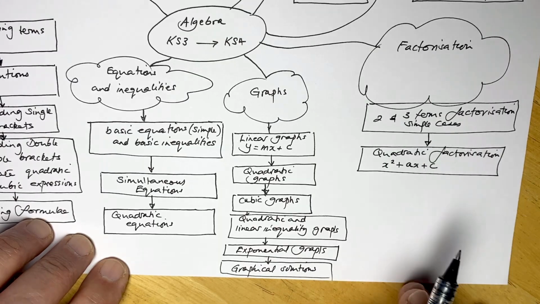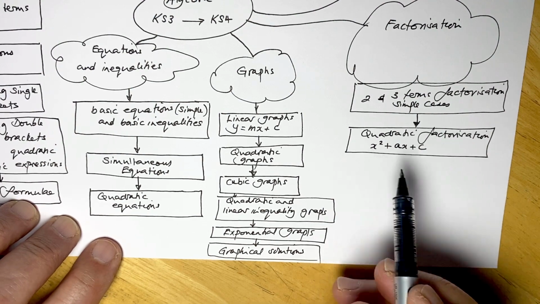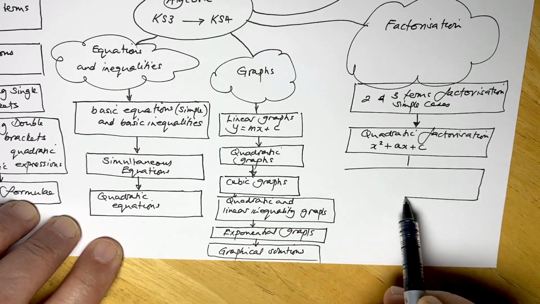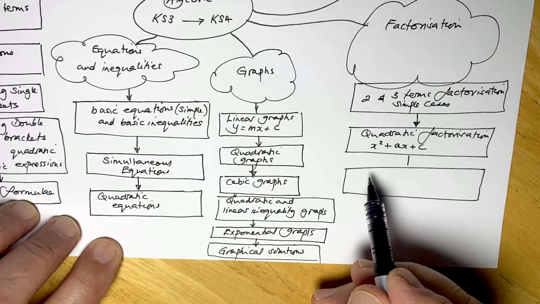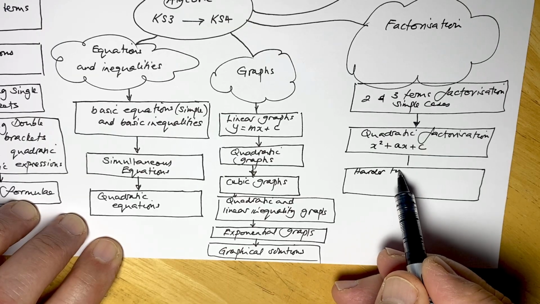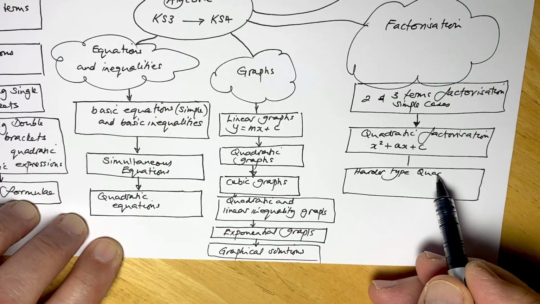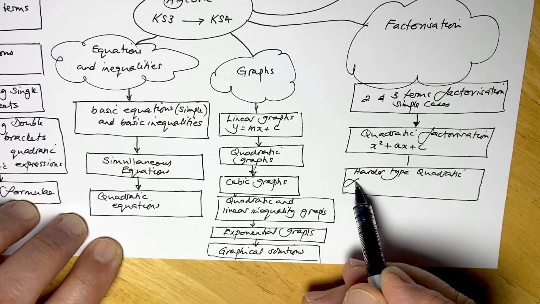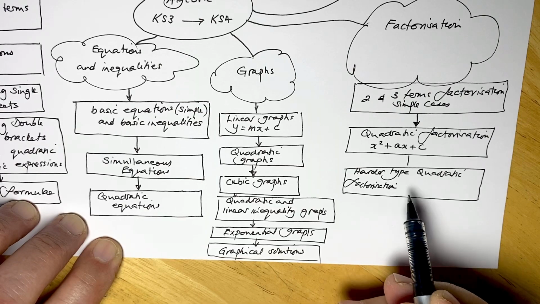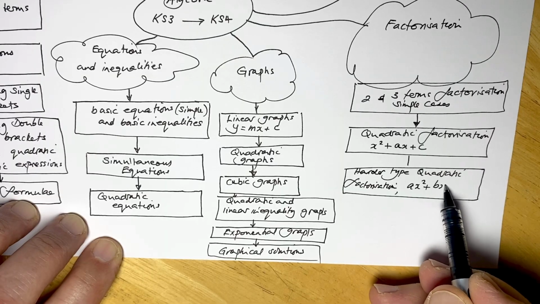That would make a different style of factorization when we don't have a number here. And then we call it the hard type quadratic factorization, in the form of ax squared plus bx plus c.